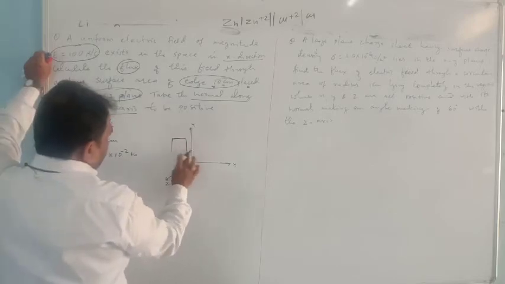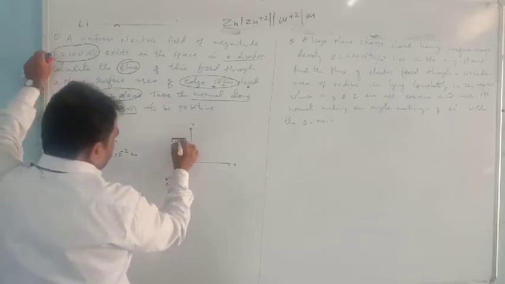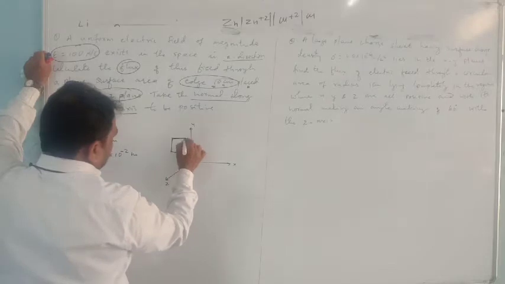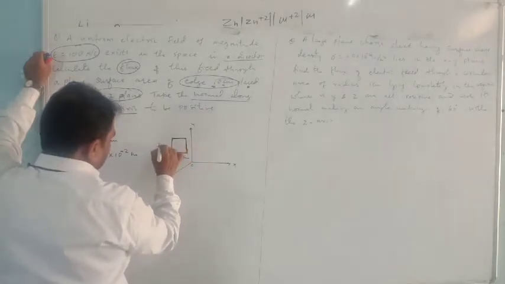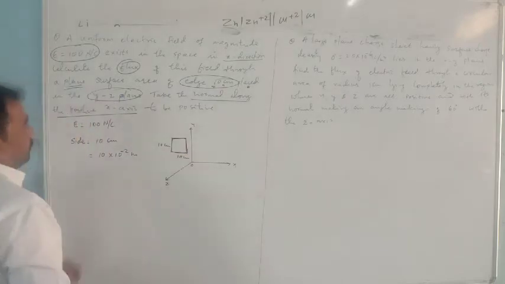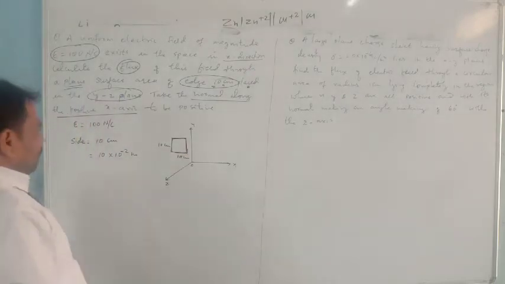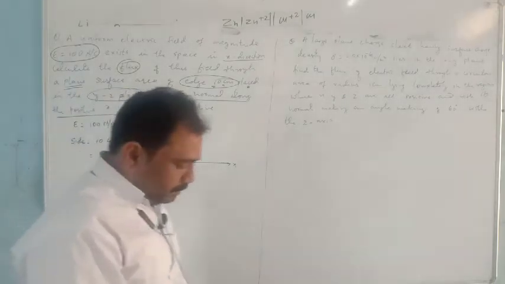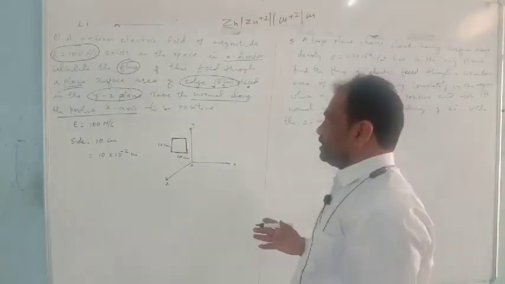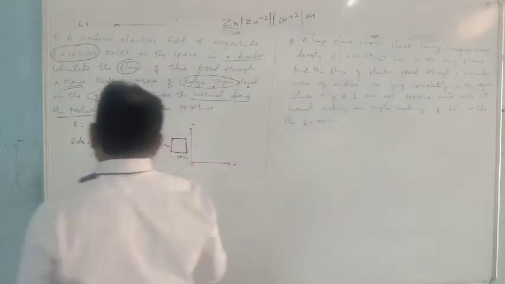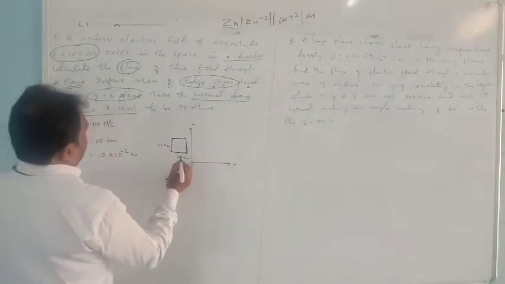So we can draw it like this. Each side is 10 centimeter, so the other side should also be 10 centimeter. Now see, we have to find the electric flux, and electric flux is away from the positive charge.